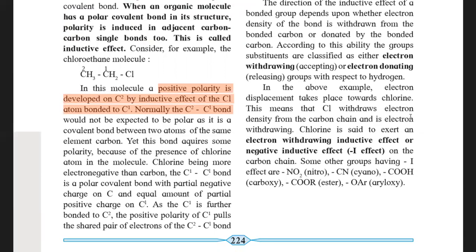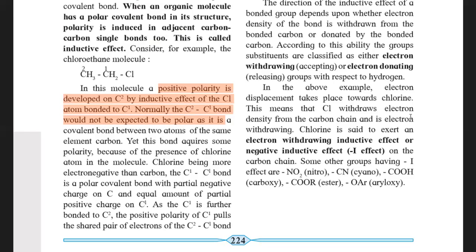So originally the carbon 1 and carbon 2 bond is not a polar bond, but due to polarity between the carbon 1 and chlorine bond, the adjacent carbon-carbon bond develops polarity, and that is the inductive effect.